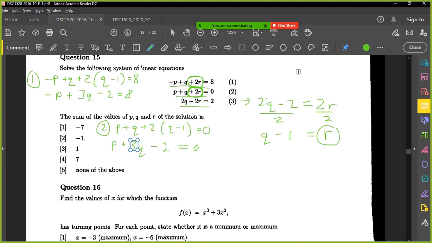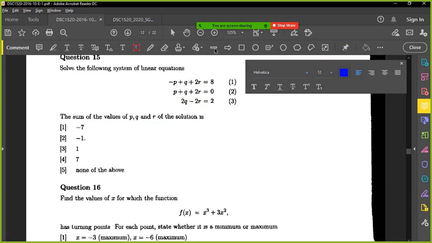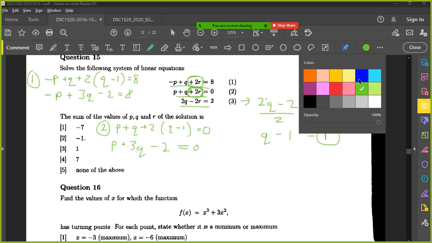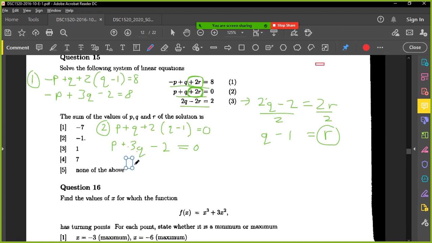For the bottom one, I'll try to get the Q on the left-hand side. So you're going to leave the Q on this side: 3Q equals 2 minus P. Good.